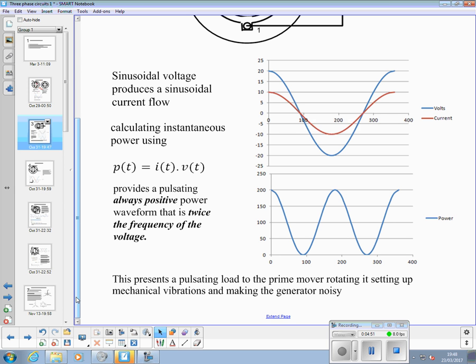So the gas turbine, the steam turbine, if you only have a single phase generator, this is not the only, but it is one valid reason why you don't go single phase.